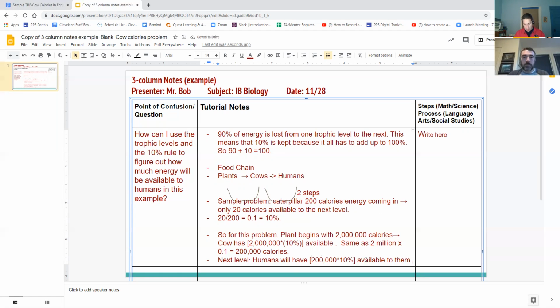So let me do that in my calculator. 200,000 times 0.1 is 20,000 calories. Okay. So that's the answer, 20,000 calories.